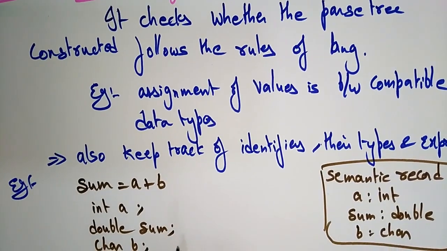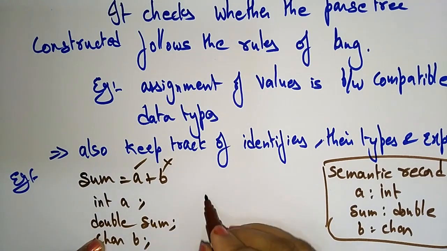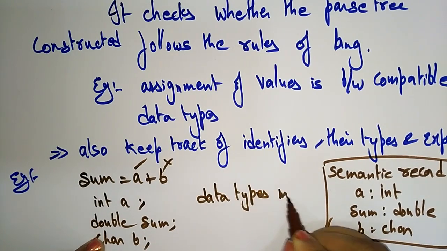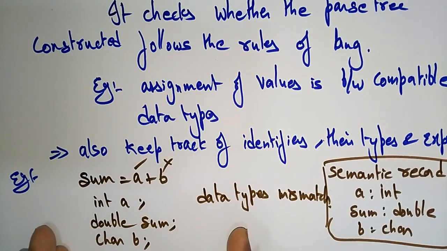Is it possible? Is this correct? Here the data types are mismatched. A is integer but b is character. If you add a character and an integer, you won't get a double. So here the data types are mismatched.